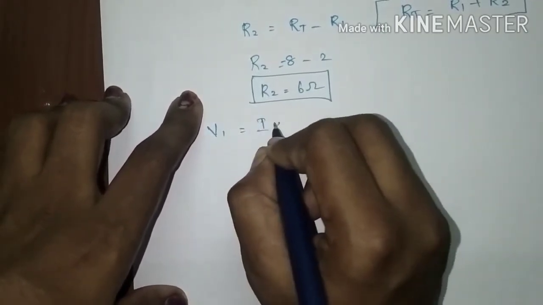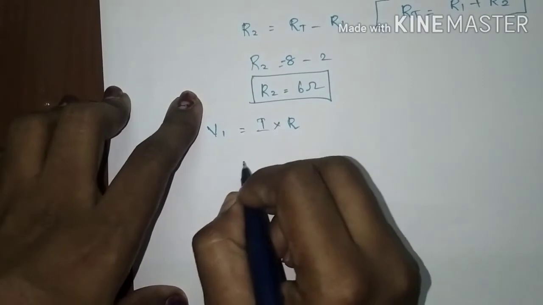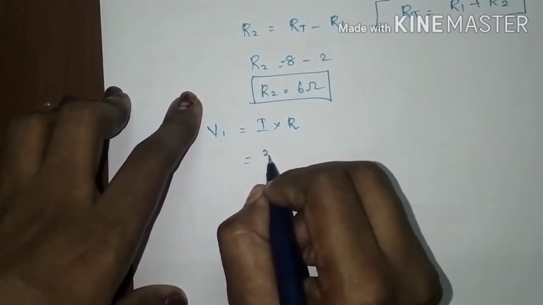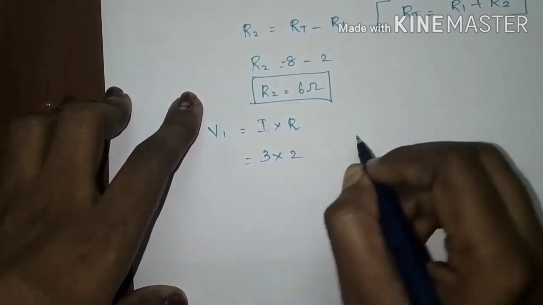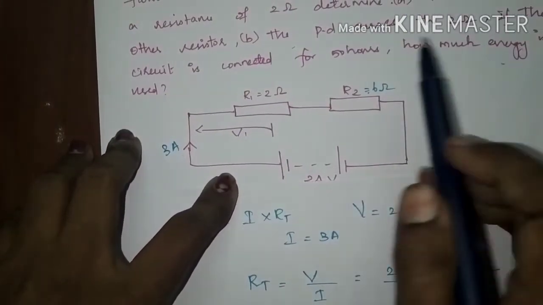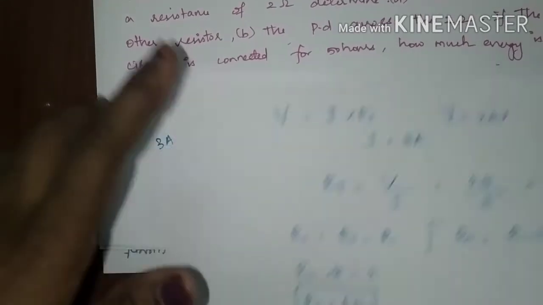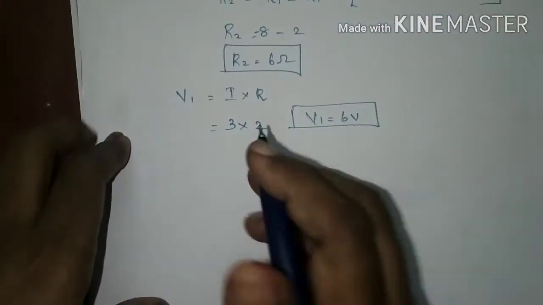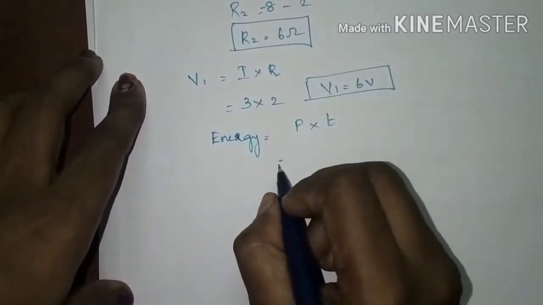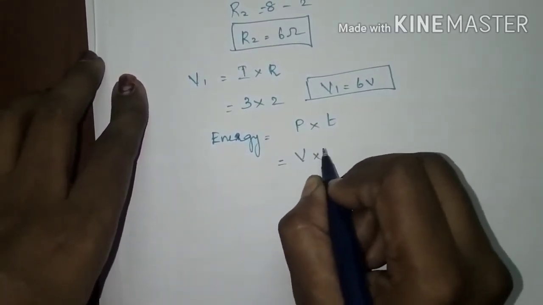So V1 is the current flowing through the circuit times the resistance. The current flowing through a series circuit is the same, given as 3 ampere, and the resistance is 2 ohms. So V1 is equal to 6 volt. They have asked us for the energy used for 50 hours. What is the formula of energy? Energy is the product of power and time. Power is V supplied times current supplied.